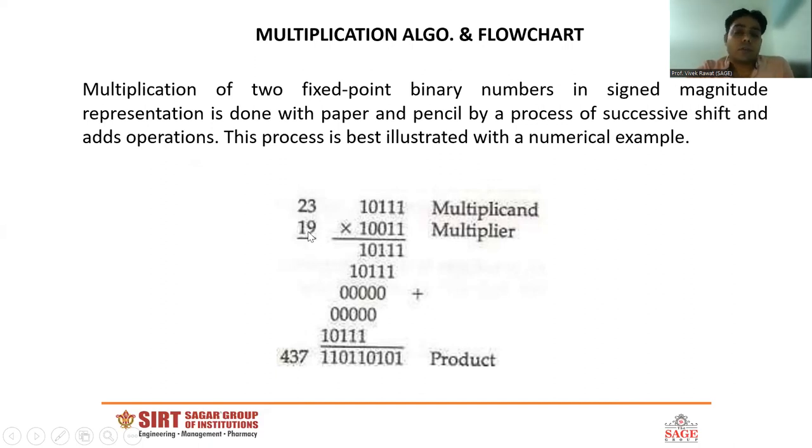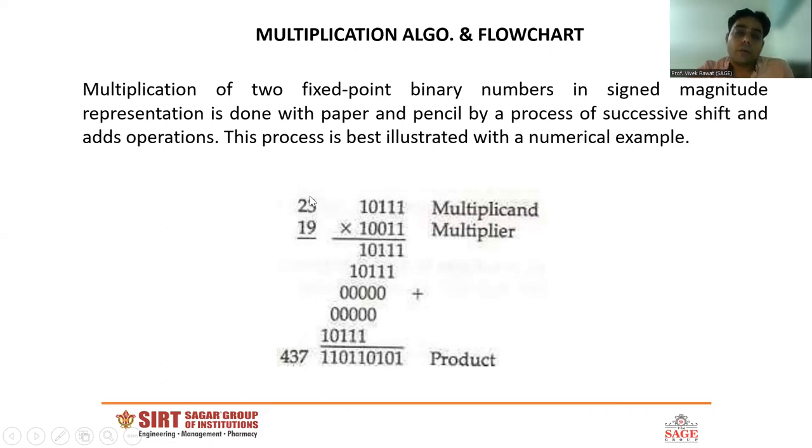The multiplication process says first you multiply 9 with 23. After this, you multiply 1 with 23. Then you add both multiplication results and you get the answer 437. This is a very simple process for multiplication. We have used this process from our childhood.